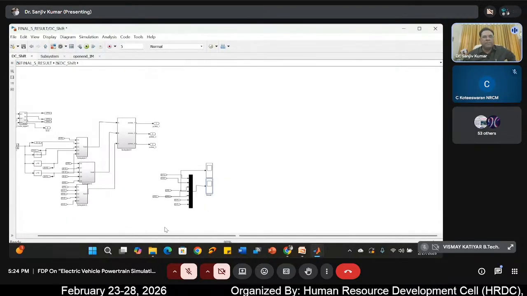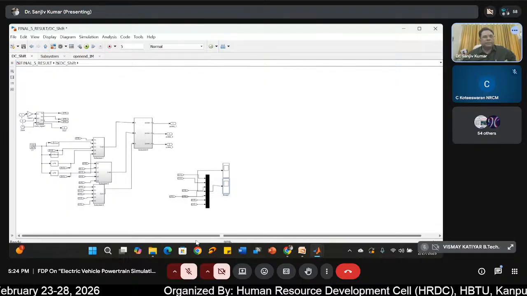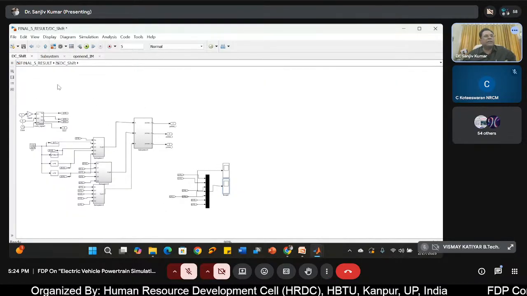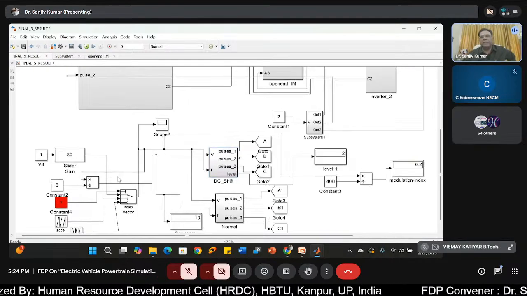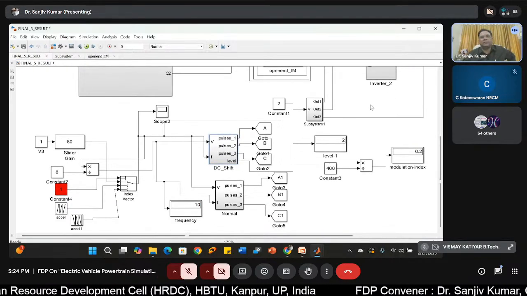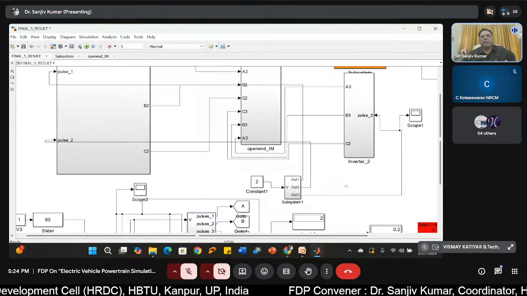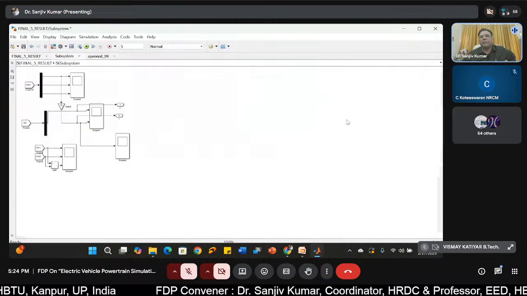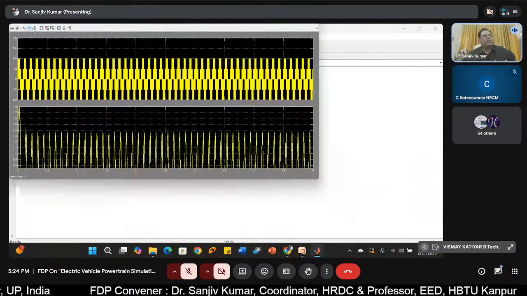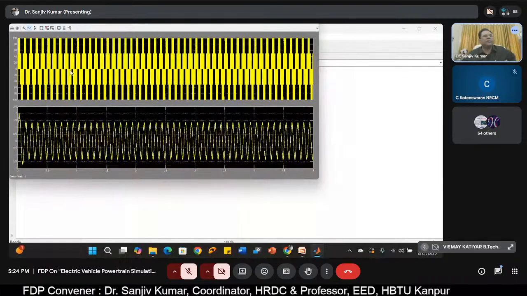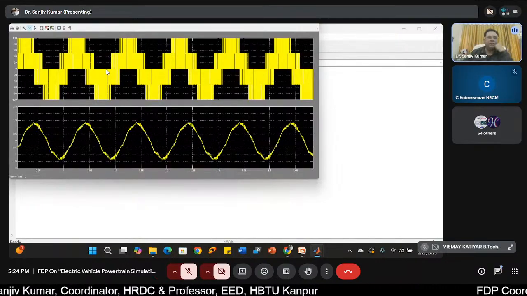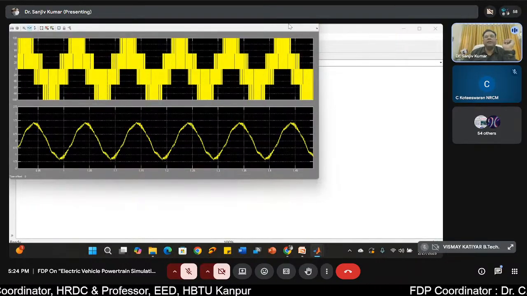Now I'll show you the result. Let me check. This is here, and the monitoring block is showing the waveform for voltage and current. Wonderful. Two-level inverter operation is achieved at lower modulation index.